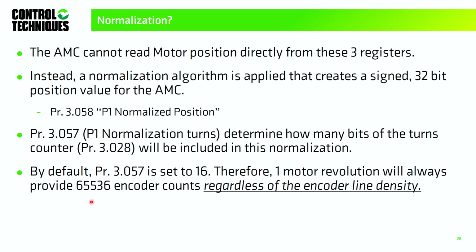Most absolute encoders are 12-bit, which means that the turns counter is set to 12, which means that the absolute position will roll over after 4,096 turns. And a lot of people don't realize that. Now, there's nothing negative. The drive will compensate for that rollover, but I've had instances where people weren't aware of that and kind of got themselves into a bind there. So we use this normalization system to provide high-resolution feedback for the speed loop in our drives.